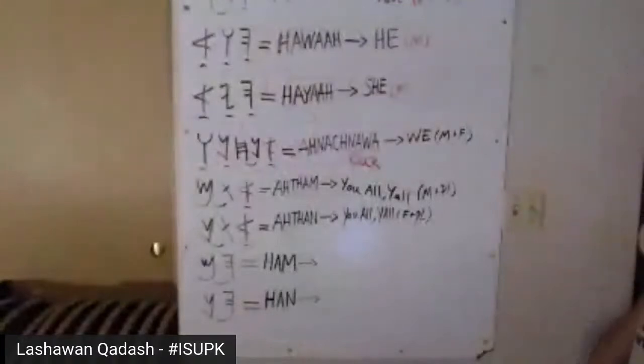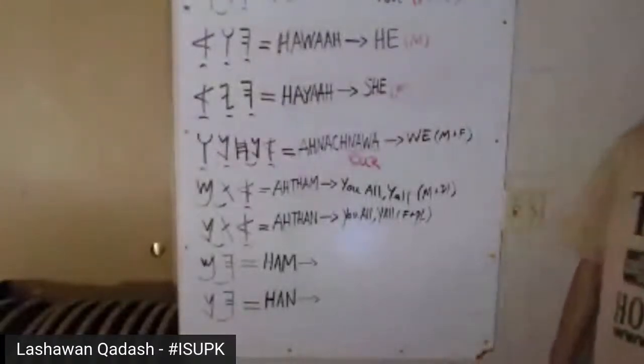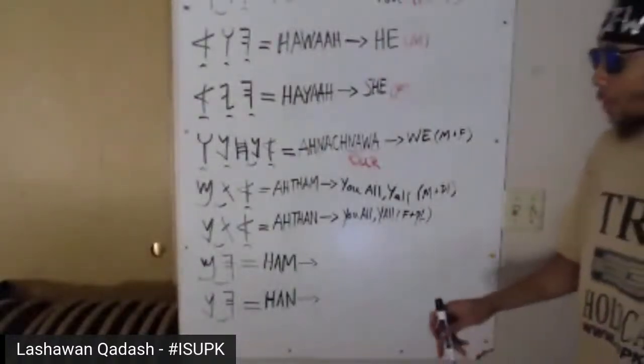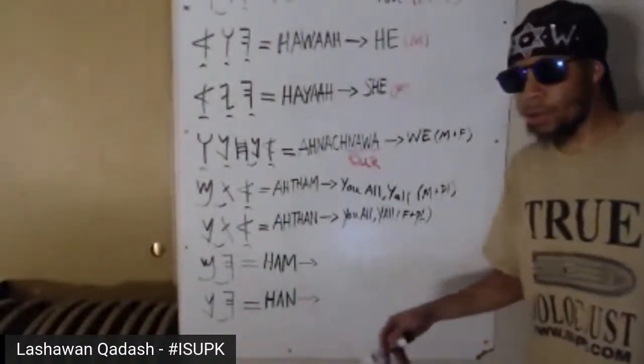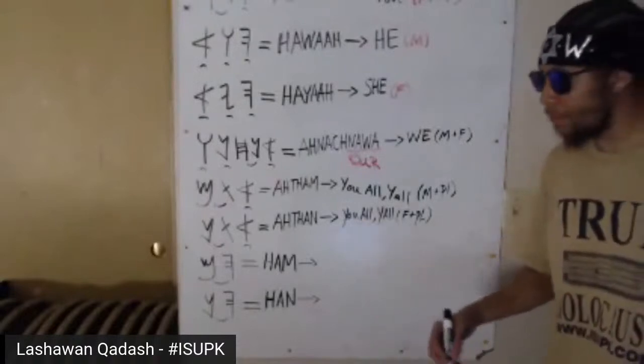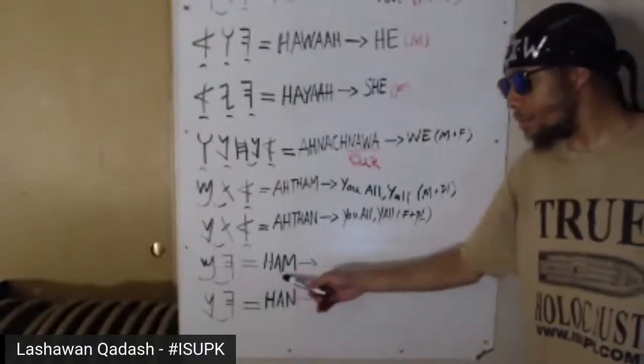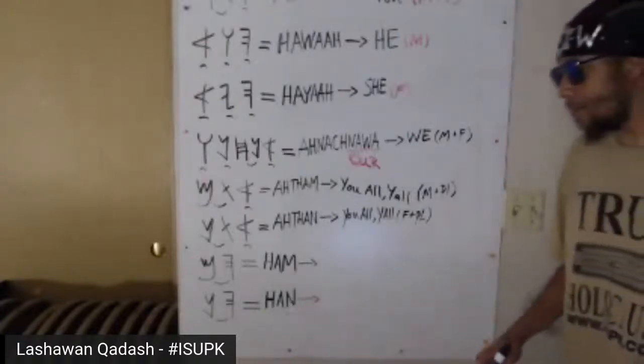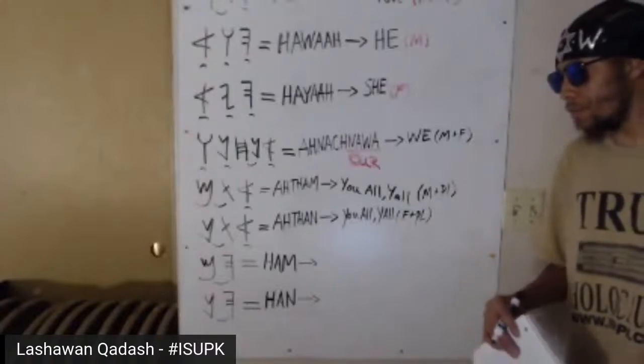Now, when I first learned this, I kept saying ham, but I'm like, hold on, wait a minute. I don't think that's it. And so I got some clarification, and it was a whole laughing session. And yeah, it's hum and hun, okay? Not ham. All right, hum.